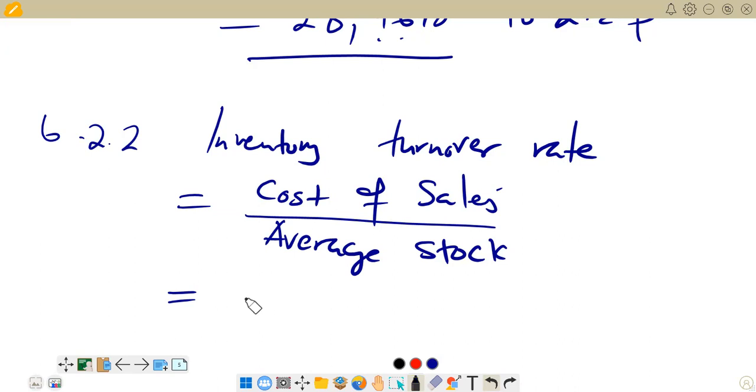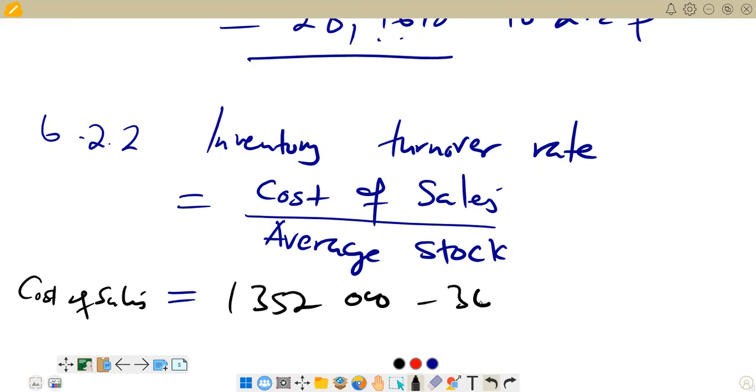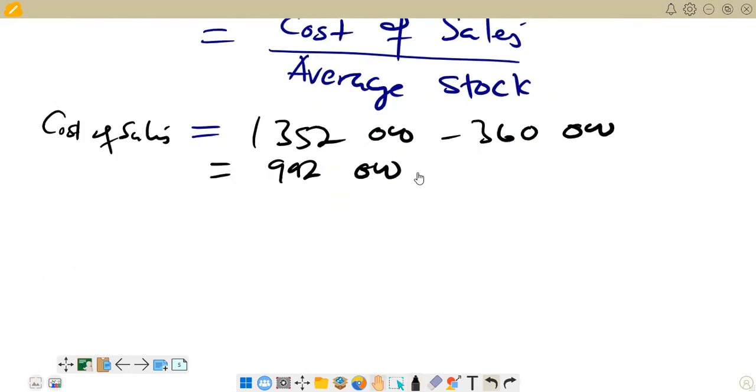You say find cost of sales. We said 1,352,000. Then we subtracted 360,000, and we got 992,000. So this is what we have in terms of cost of sales.